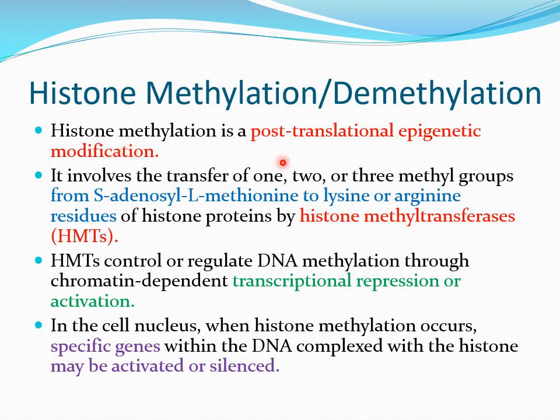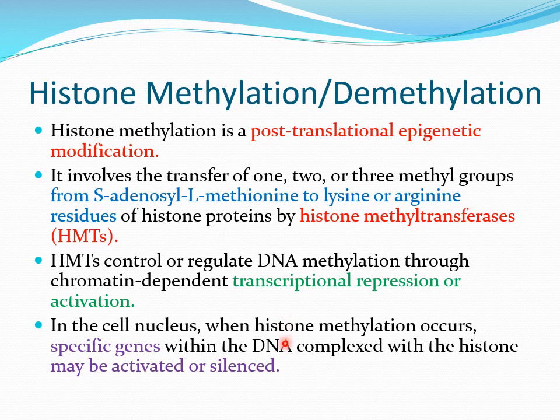So the methylation is done by this enzyme histone methyltransferase, or the HMTs, and the methyl group is obtained from S-adenosyl L-methionine and is transferred to the lysine or arginine residues of the histone proteins.